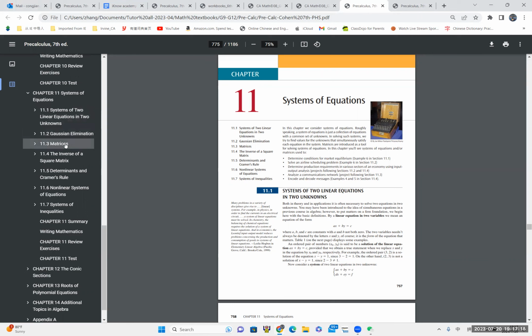Then we have to build a matrix. This is a class called linear algebra. Anyway, we'll just learn some basic things: how to solve equations with more than two variables.